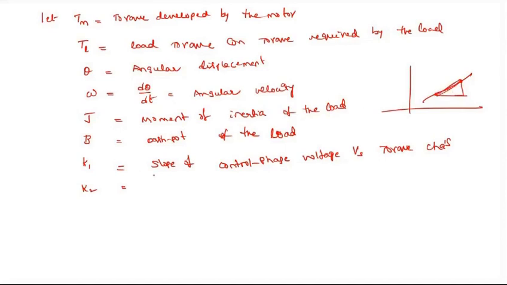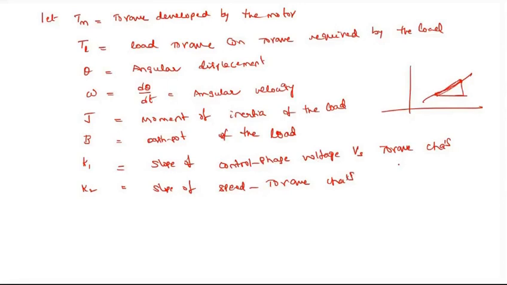Now K2. K2 is also nothing but the slope of the speed torque characteristics. This is the slope for the entire speed torque characteristics of a servo motor, whereas K1 is the slope only for the control phase voltage versus torque characteristics.